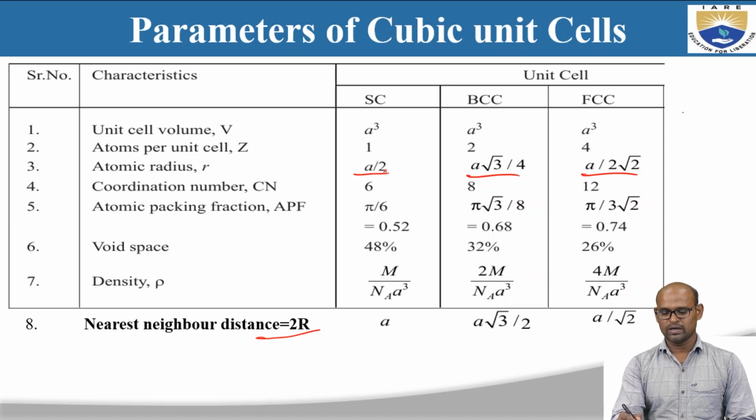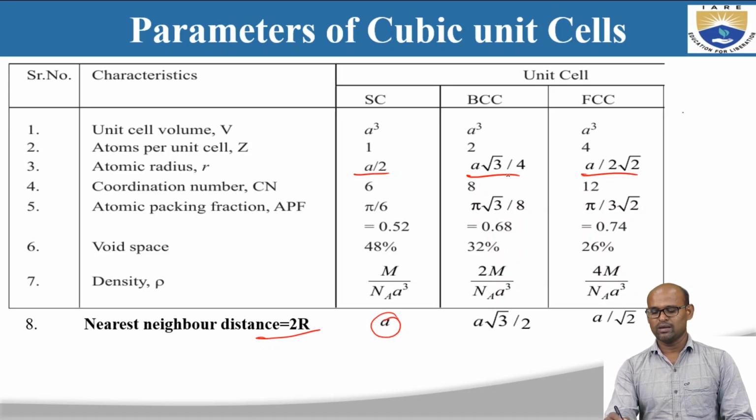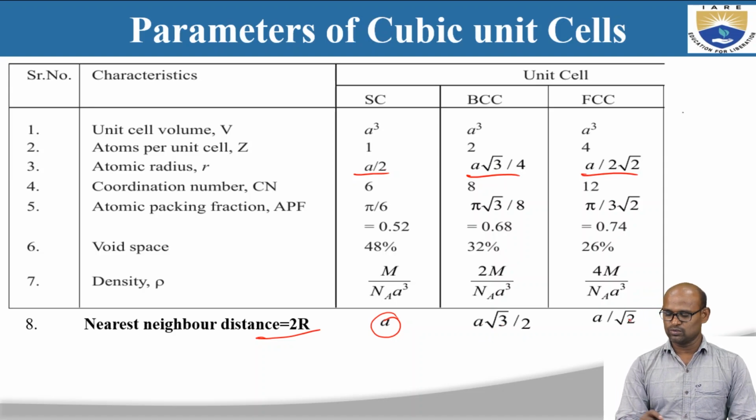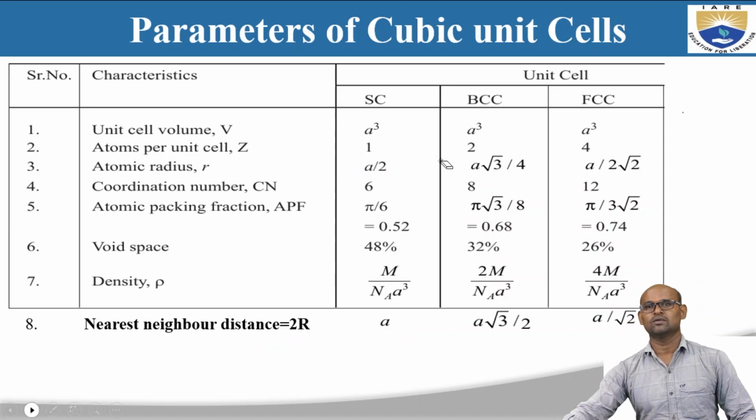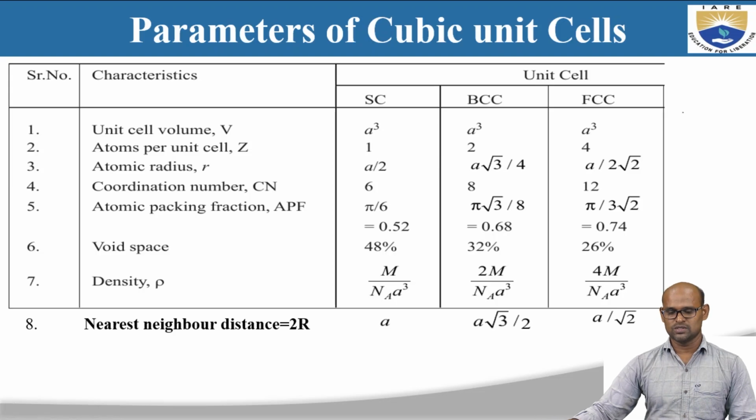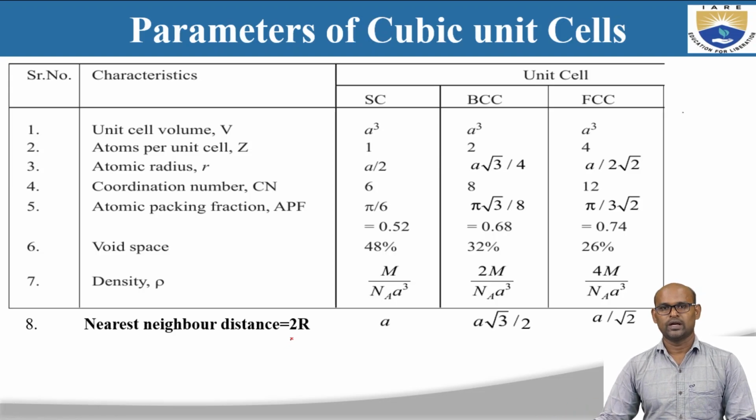The nearest neighbor distance will be a for simple cubic, because 2 into a by 2 is a, and 2 into square root 3 into a by 4 is square root 3 a by 2 for BCC, and a by root 2 for FCC. So if you know the radius of atom, we can find out the nearest neighbor distance using this relation. 2 into radius of atom is defined as nearest neighbor distance.